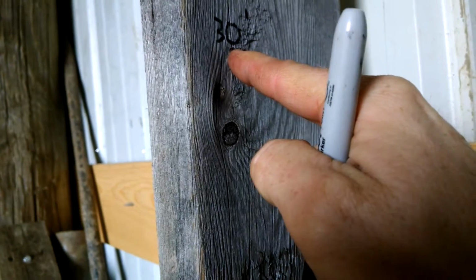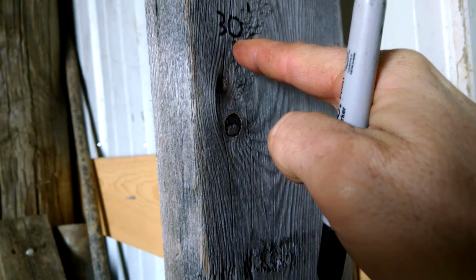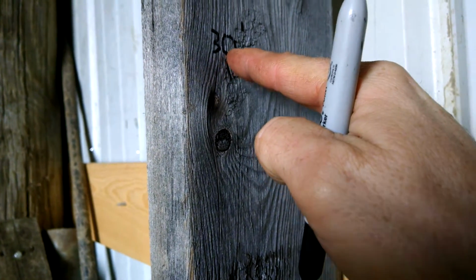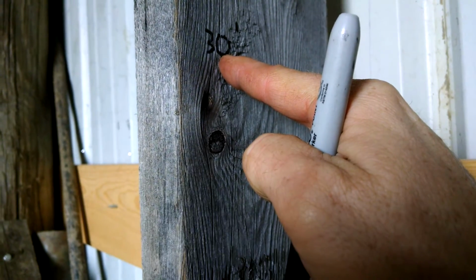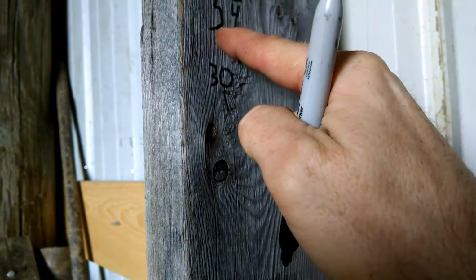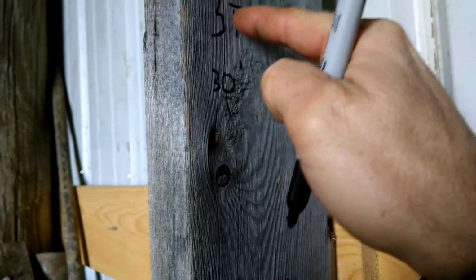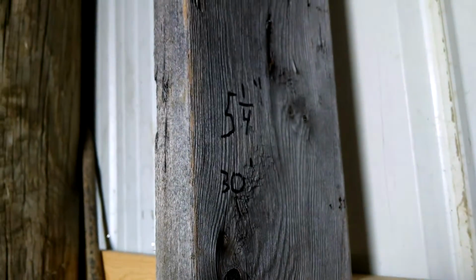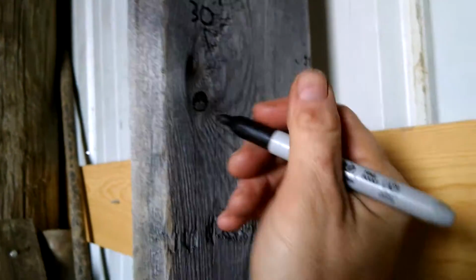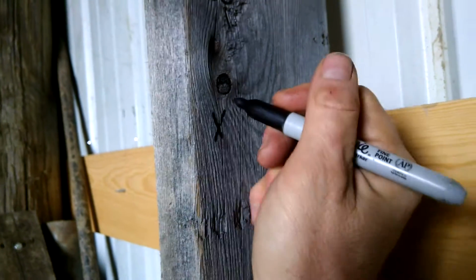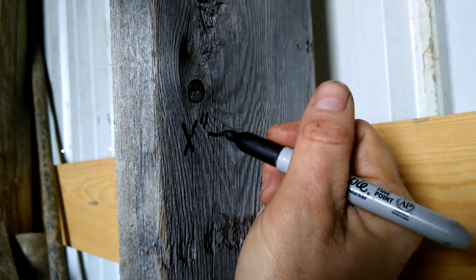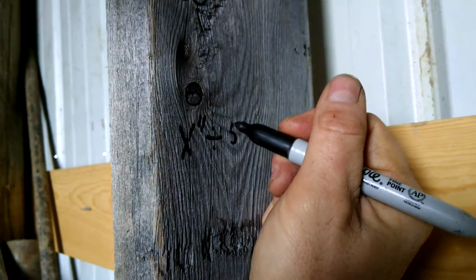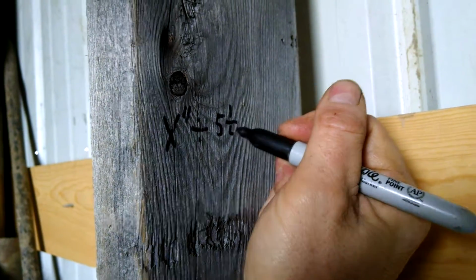So I have to figure out how many inches, and once I get the total inches, I can divide that by 5 1/4. So I will end up with X number of inches divided by 5 1/4.